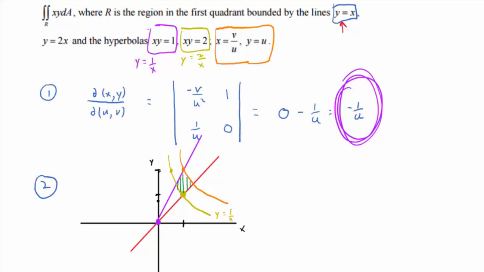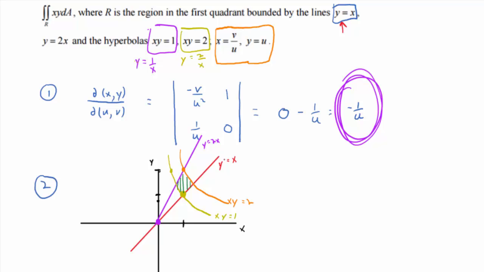Okay. So this curve in orange is, well, it might be easier to write it as xy equals 2. And I'll write this one as xy equals 1. And then this one in purple is just y equals 2x. This one in, I guess that's red, is y equals x.